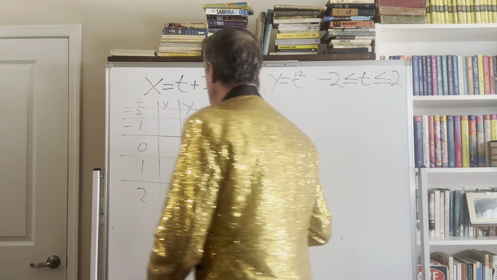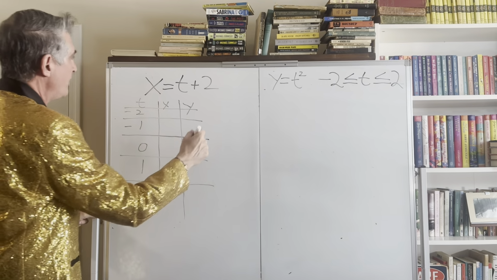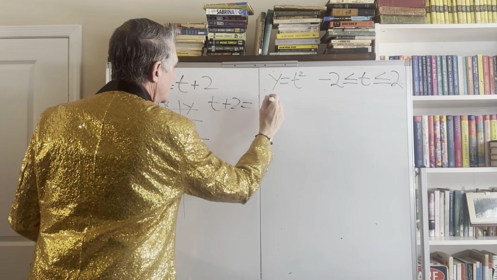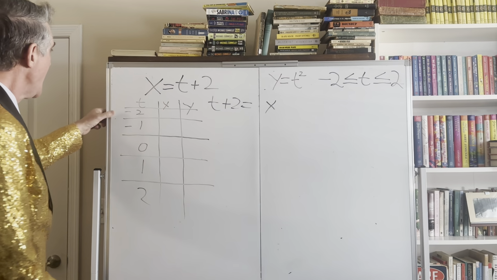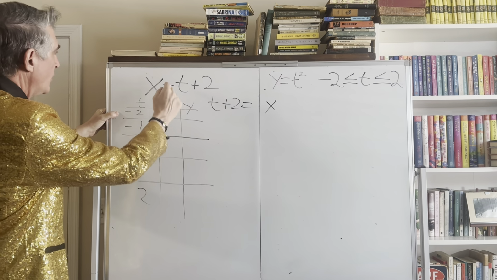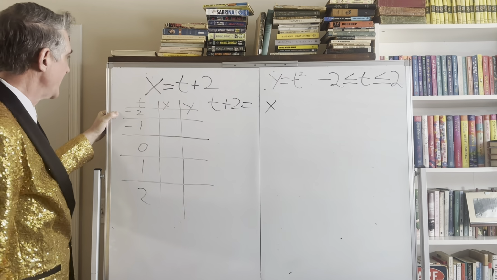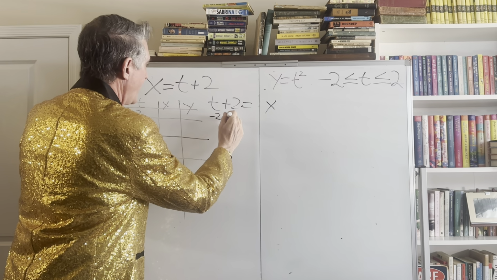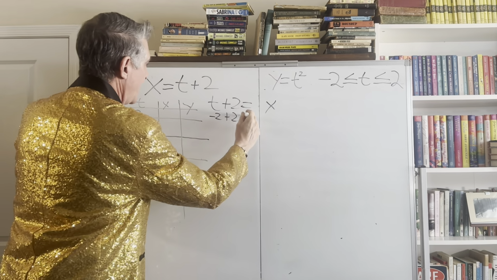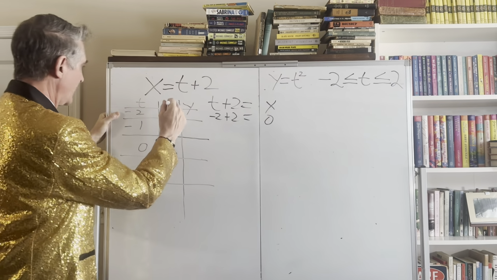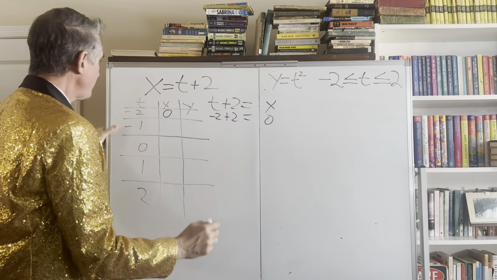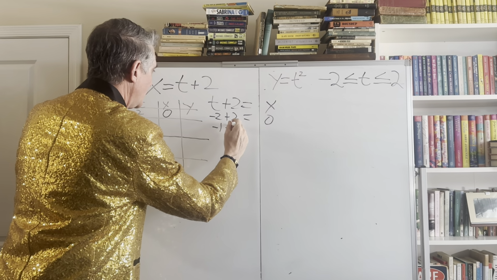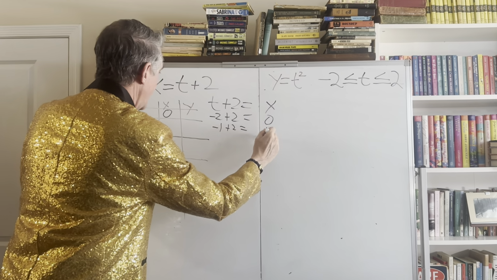All right, well, let's go ahead, and we've got our x equals t plus 2 here. So I'm going to go ahead and just rearrange this just a little bit so we can solve for our x values. I'm going to plug in our t value to our x here, and we will get started. So when t is -2, I'm going to put that right here, and we add 2 as well to it. That gives us a value of 0. So our x value here is 0. If I plug in -1 here to t, -1 plus 2 gives us a 1 value.